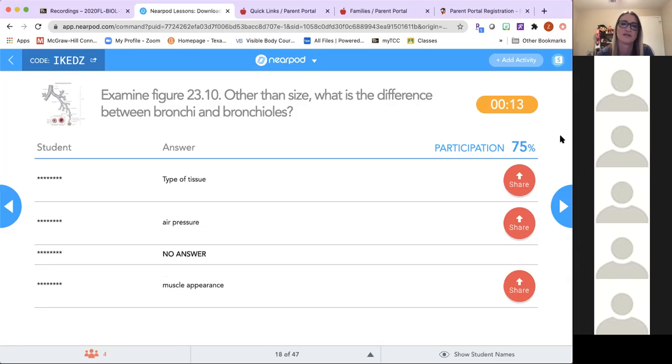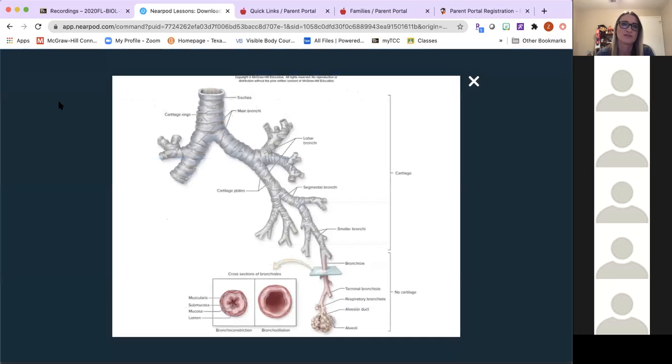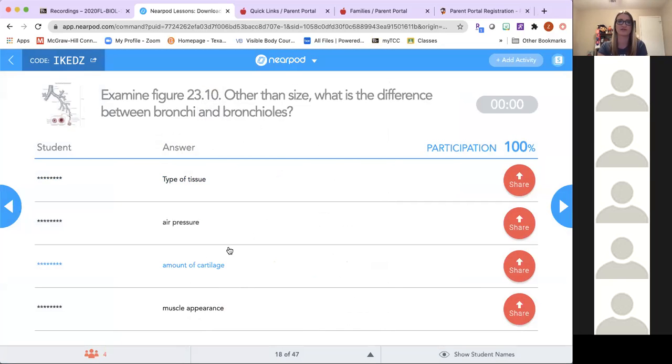And so let's look at that again here, right? So if you see muscle, what do you not see in bronchioles? And on your end, you can also click on this and enlarge this, right?